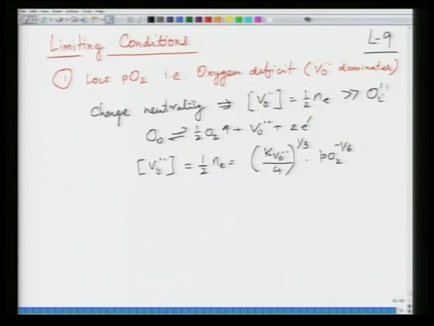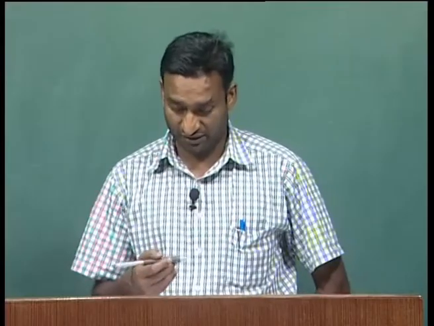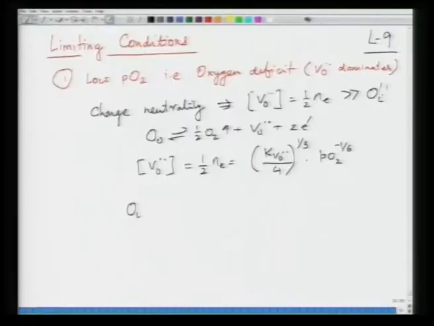Now, since VO is the dominating defect, what is the concentration of OI now? The concentration of OI will be governed by the Frankel disorder reaction. So, now OI will be Kf divided by VO.